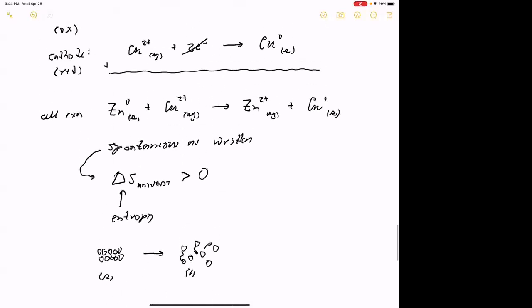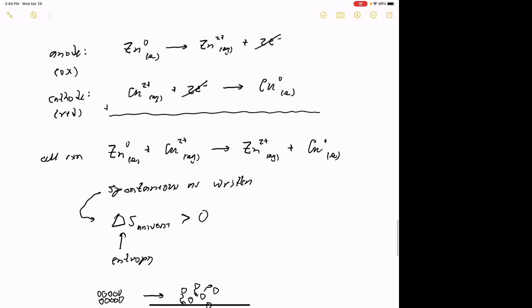Now, in this specific case I gave you, I'm telling you it's spontaneous. So based on that, you should be able to tell me the sign of the delta G for this reaction. Okay, you would know that the delta G for this reaction, for it to be spontaneous, has to be less than 0.